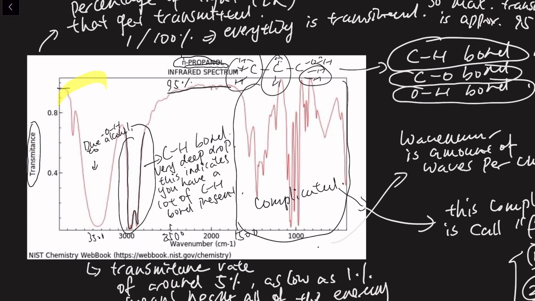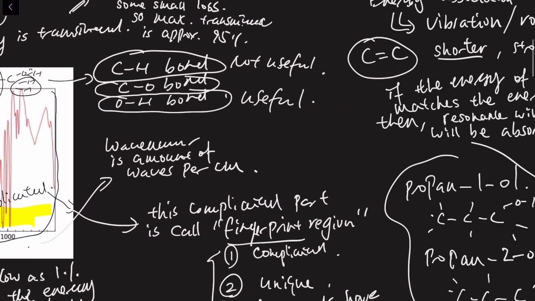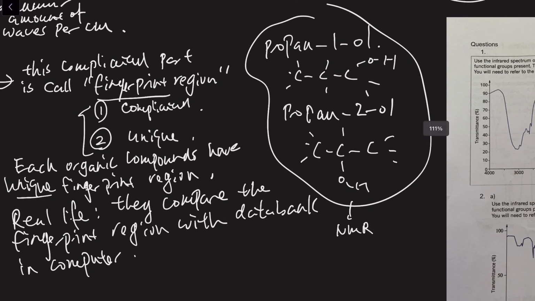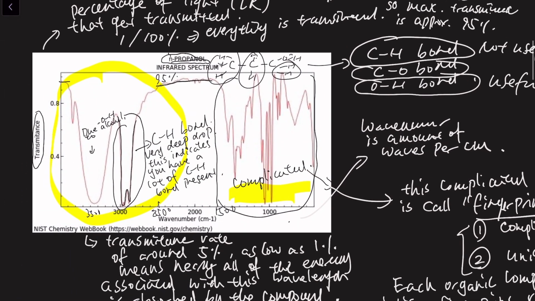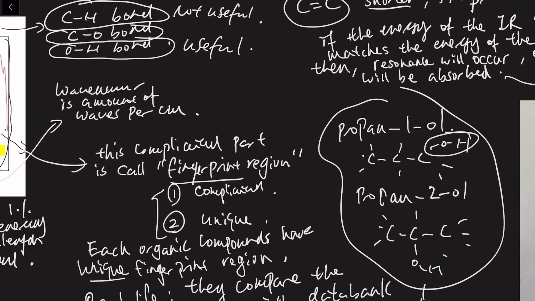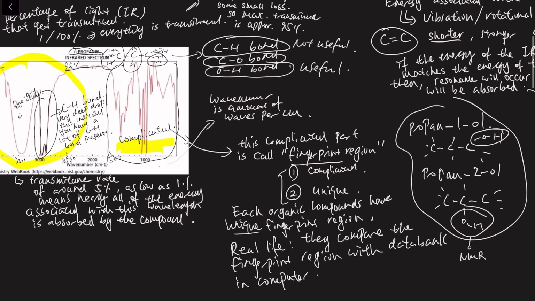If you only look at this region, it will look exactly the same. They will have different fingerprint regions, of course, but you don't have access to a computer to figure out which spectrum belongs to which. So in this case, you need to use a different technique called NMR spectroscopy. From IR spectroscopy, you can only know that you have an OH bond present. So you know it is an alcohol, but you really don't know the structure of this compound.